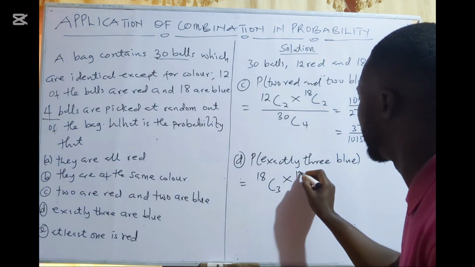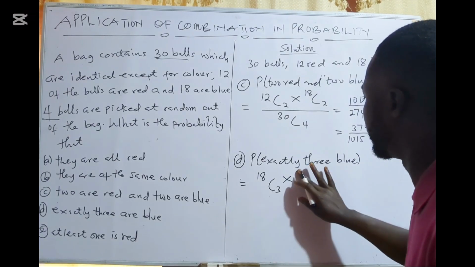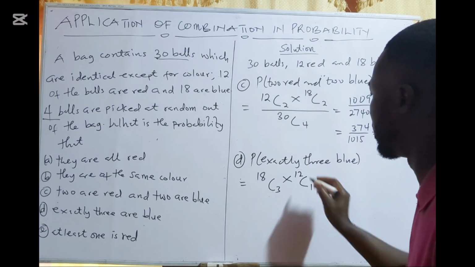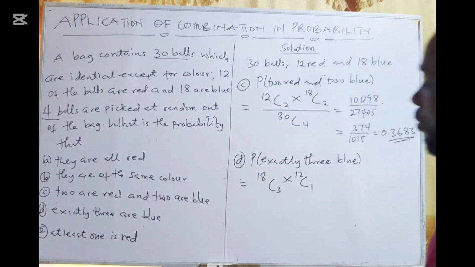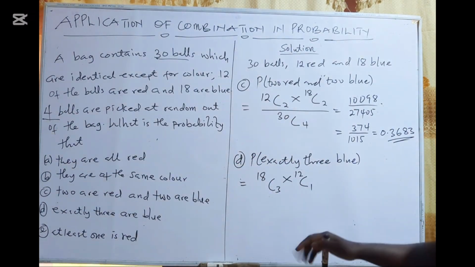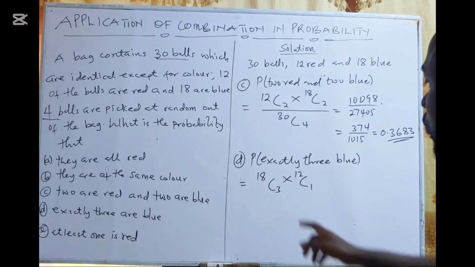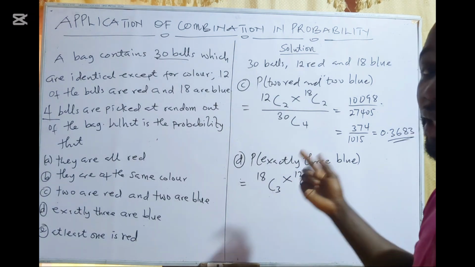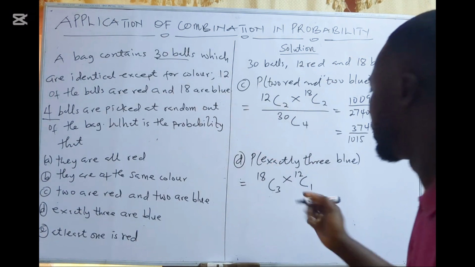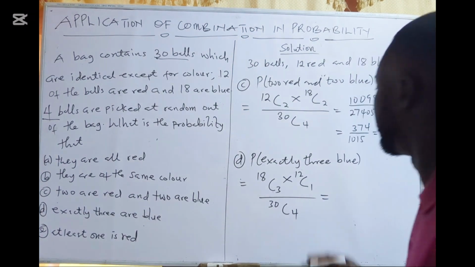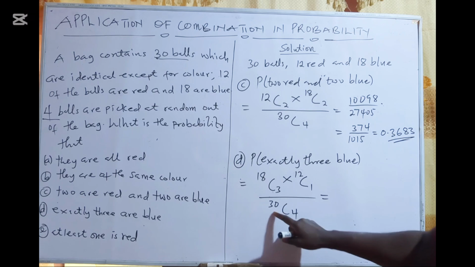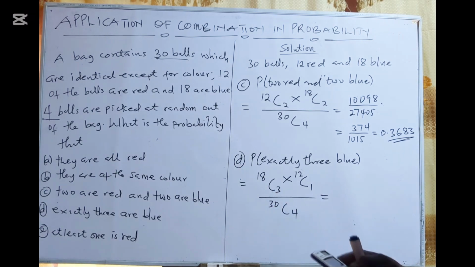So 12 combination 1, all divided by 30 combination 4. So rather than 18 plus 12 is 30, 3 plus 1 will give me the 4.